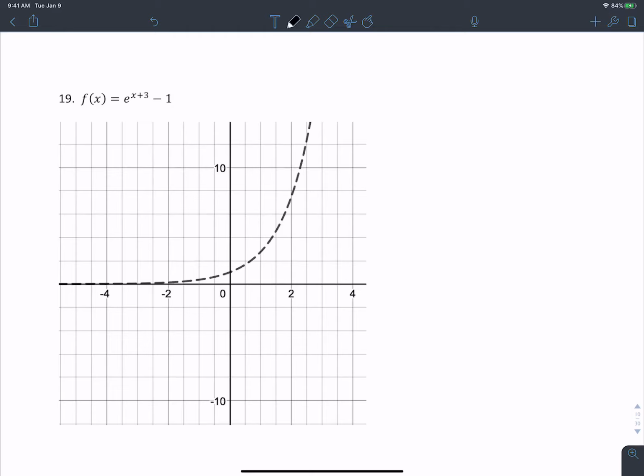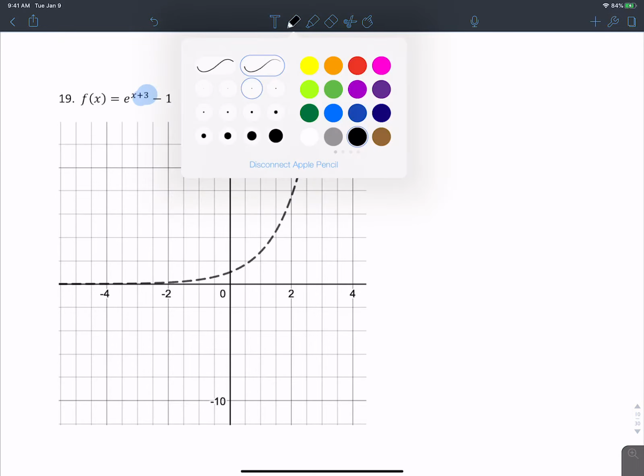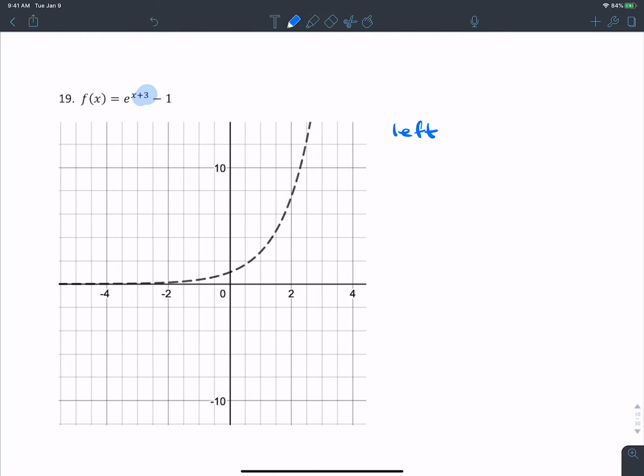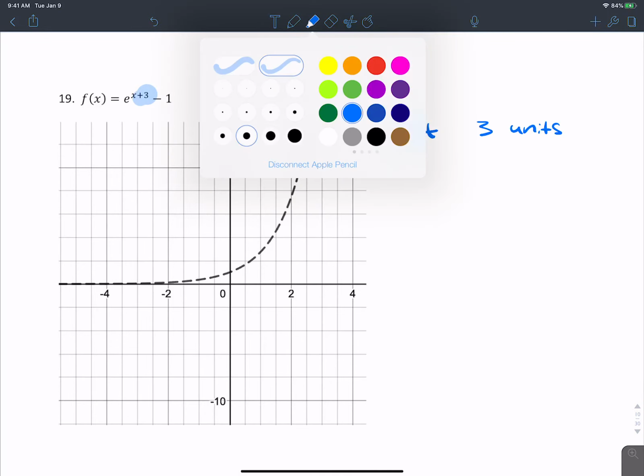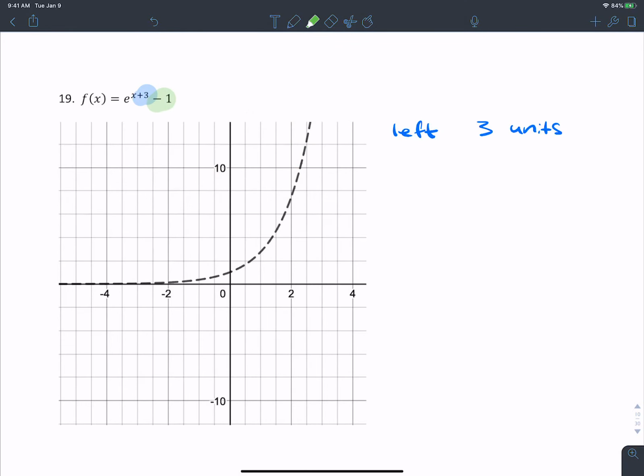Okay, let's see what we do here. So let's remember here, we got +3 here. So that means we have to move to the left 3 units. We also have -1. So that means we're also going to have to move down 1 unit again.